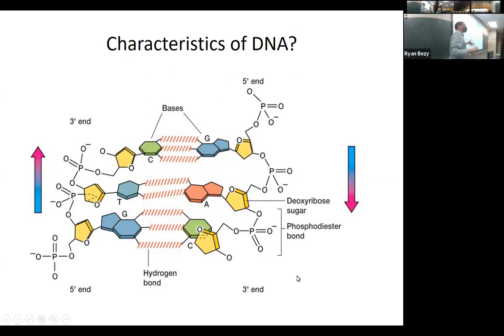What holds together an individual strand of DNA? The nucleotides are held together with another nucleotide by phosphodiester bonds, which are strong covalent bonds. The phosphodiester bonds form a sugar, phosphate, sugar, phosphate, sugar, phosphate backbone of an individual strand of DNA. Okay, everybody good?